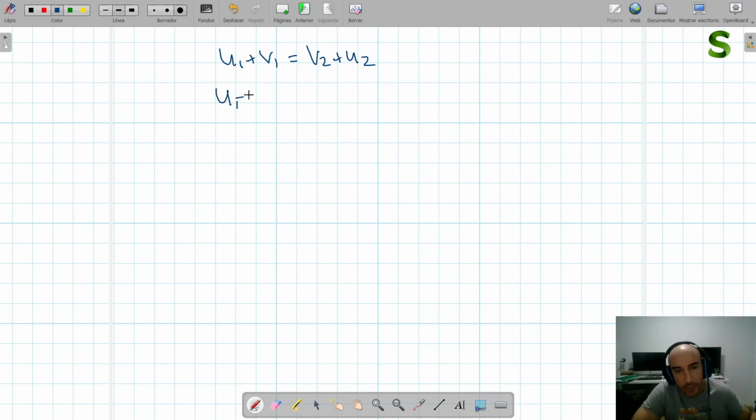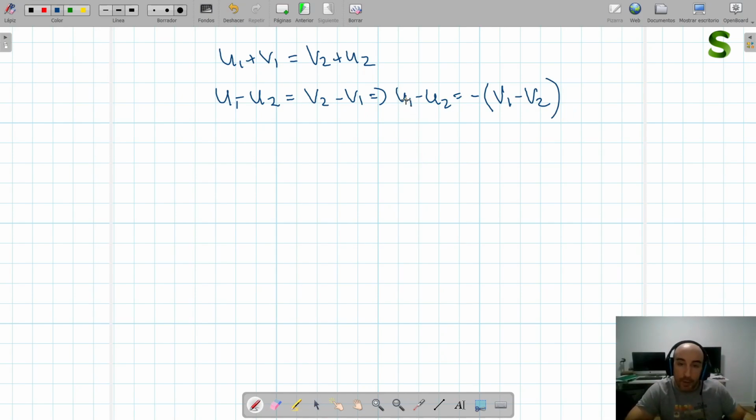Okay. So what I'm going to do now, I'm going to move the initial velocity to the other side. So u1 minus u2 equals v2 minus v1. And if we rewrite this correctly, u1 minus u2 equals, and I'm going to write the ones first, so I'm going to write minus (v1 minus v2). Okay.